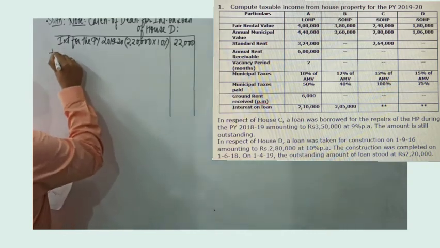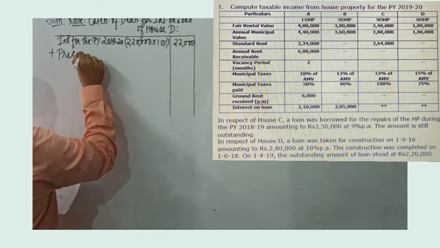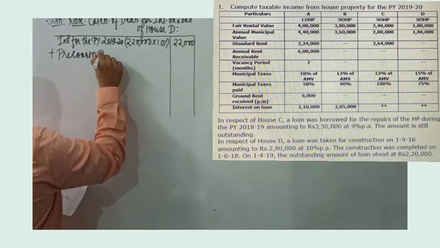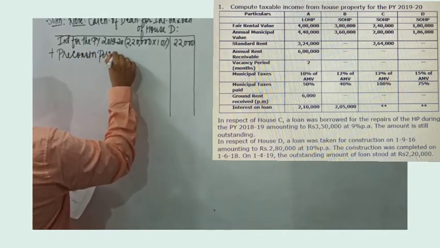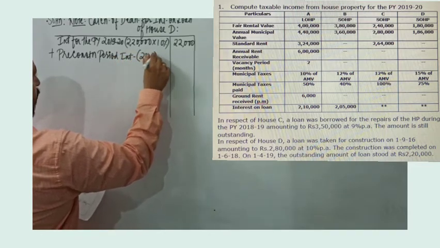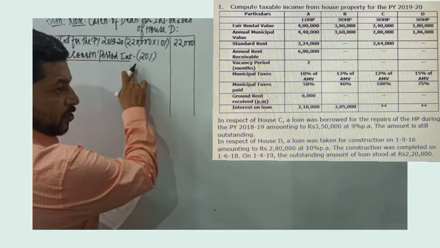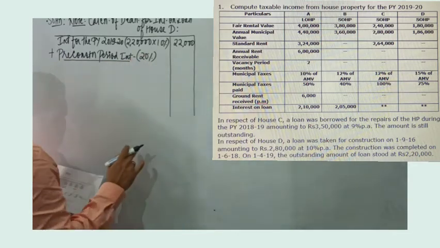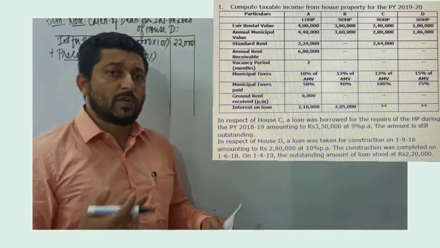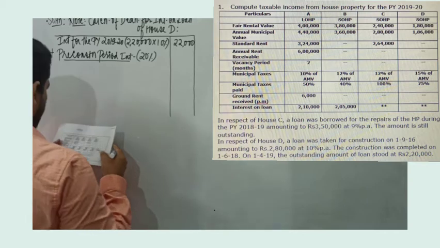Then we add pre-construction period interest. And point to note, we are supposed to take only 20% of this particular value. So first we will calculate pre-construction period interest and then we'll calculate 20%. Remember, 20% or 1/5, starting from the year the construction is completed.